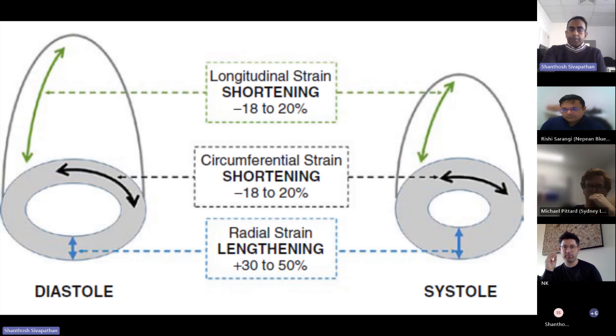When we look at that, we can assess the shortening in terms of the way it elongates and shortens, and that's called longitudinal strain or global longitudinal strain, which we'll come to shortly. We can look at the twisting motion in a circumferential manner, as well as the radial thickening and thinning, and do radial strain.